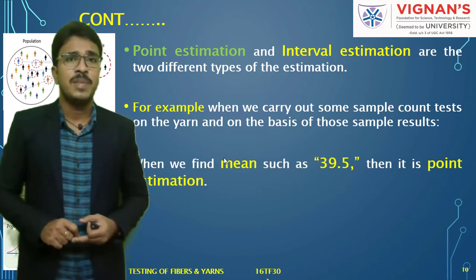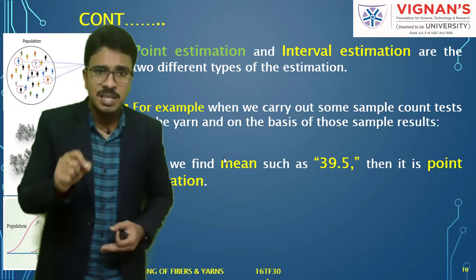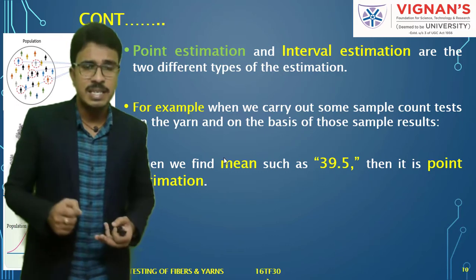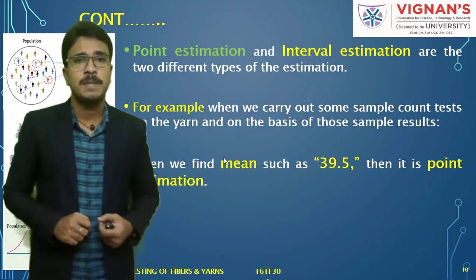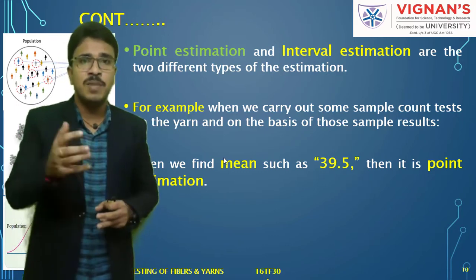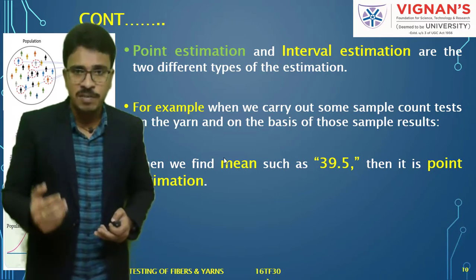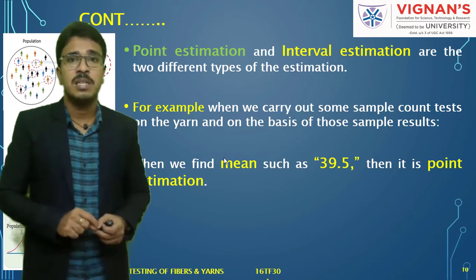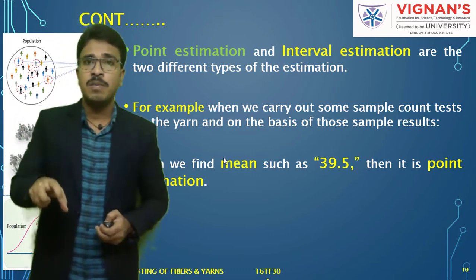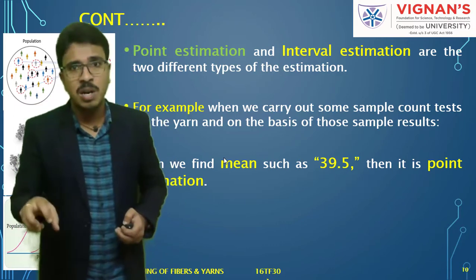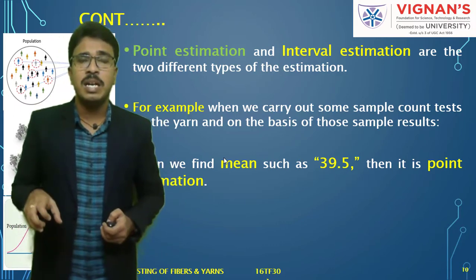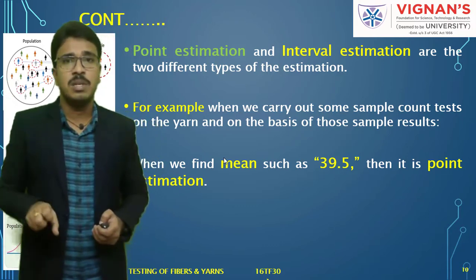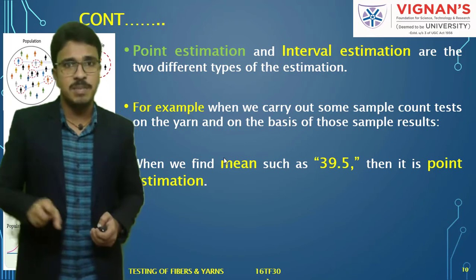For example, the mean of the results is 39.5. When we find the mean of the result such as 39.5, then it is called point estimation. That means the mean of the yarn count is exactly 39.5. You are just pointing it out. That is called point estimation.